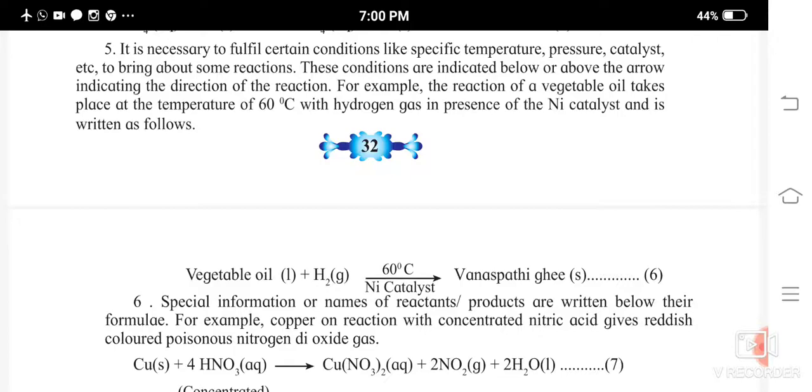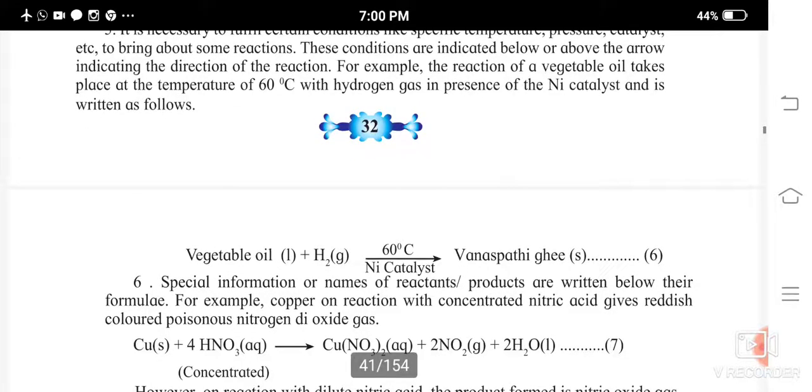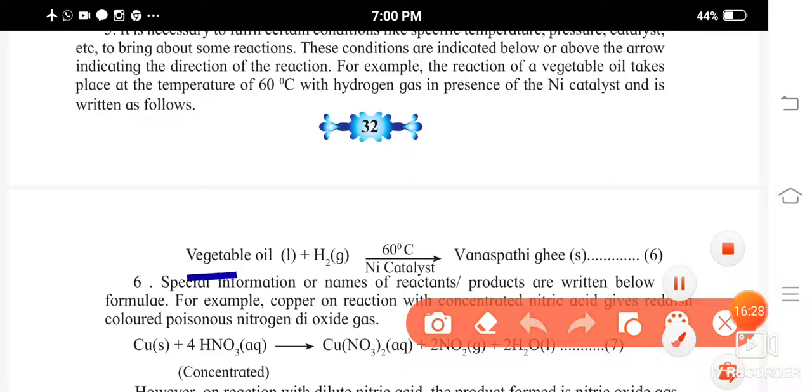Now see, the reaction between the vegetable oil, let me show it to you. Now you can see in this reaction, this vegetable oil is in the form of liquid. L is given to you in the bracket, isn't it? That means vegetable oil is in the form of liquid. This hydrogen is in the form of gas. Now above the arrow 60 degrees Celsius is written.